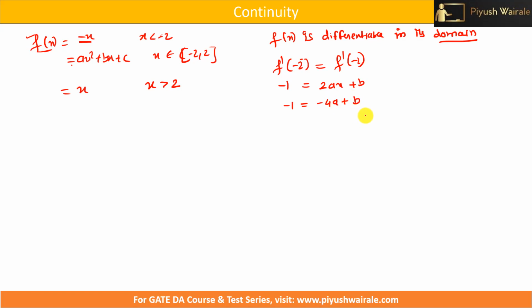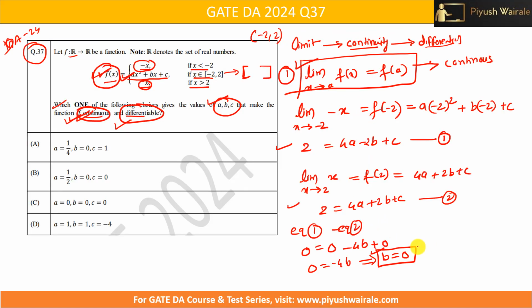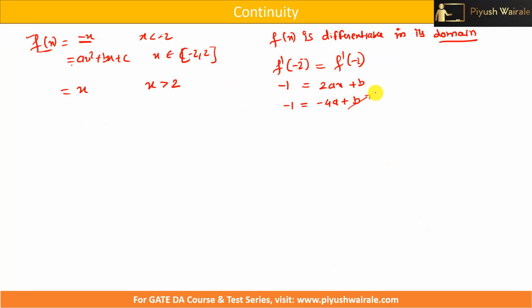But the value of b, if you observe, is 0, right? I can put the value of b as 0. So what will I get? a equals 1 by 4, right? Same concept I can apply for this also. f dash of 2 from the positive side, because x is greater than 2, right? It equals f dash of 2 because this function is defined for x equals 2.